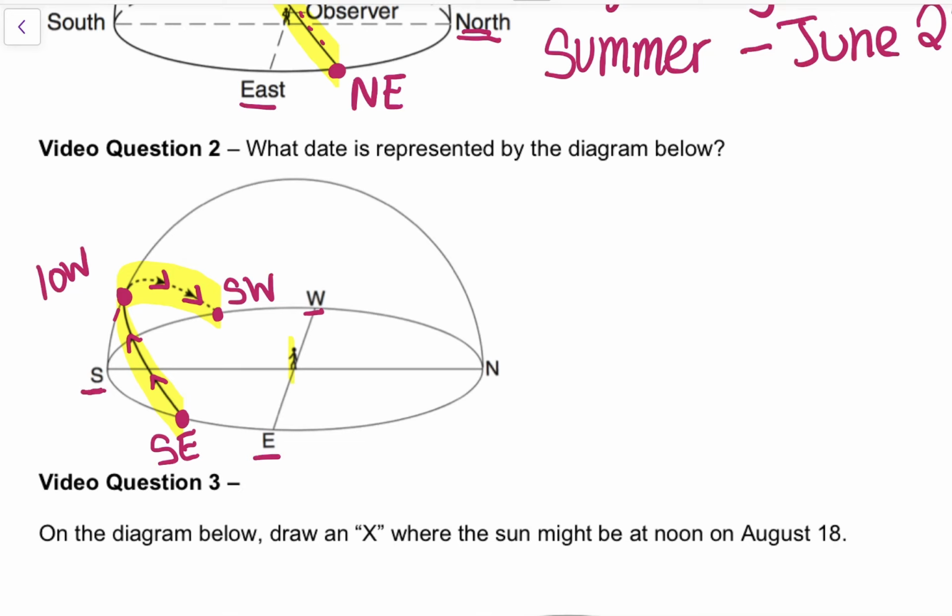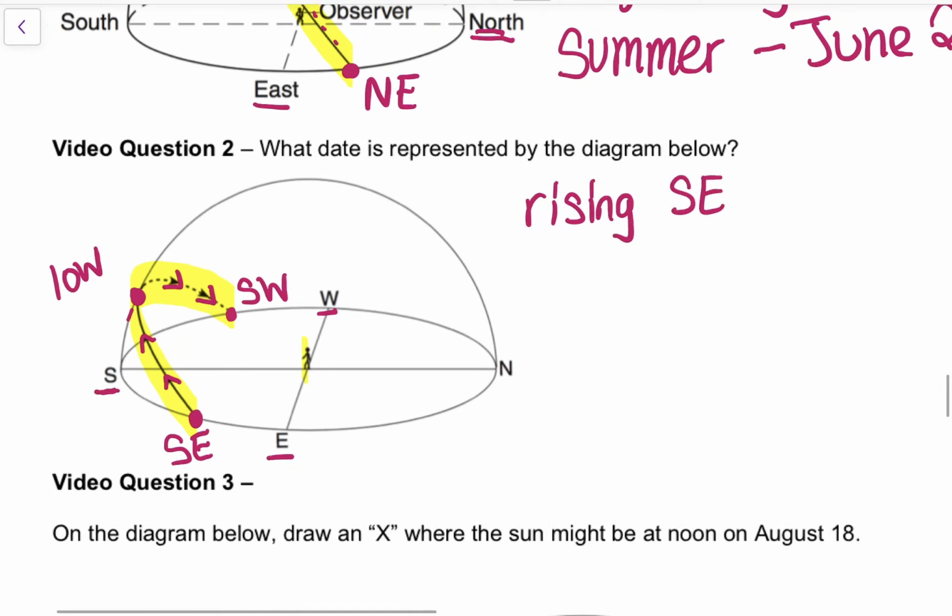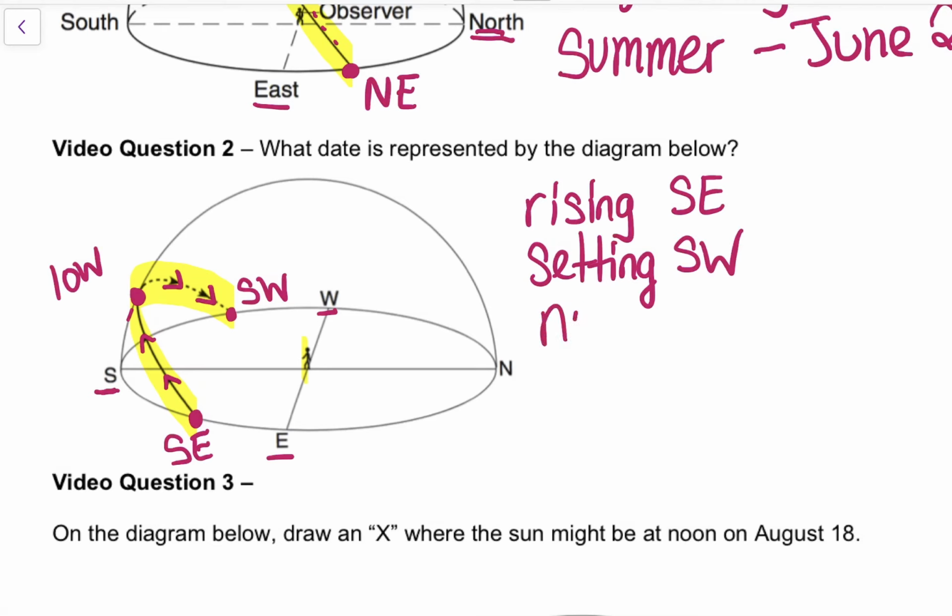So if I put all of this evidence together, I see that the sun is rising in the southeast, setting in the southwest, and overall the noon sun is pretty low in the sky.